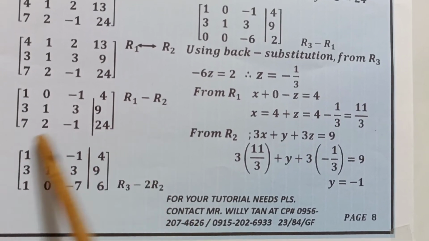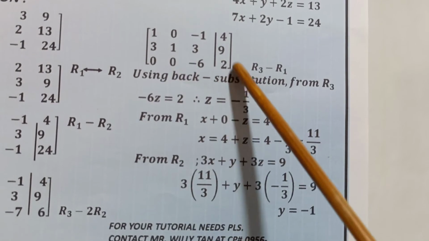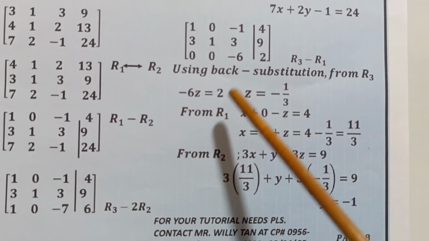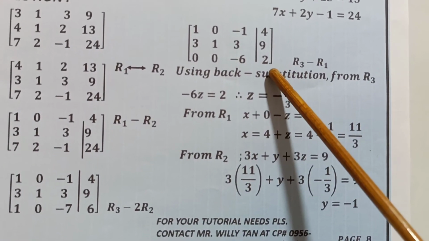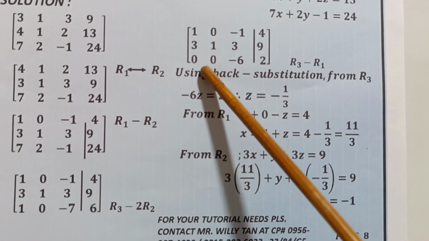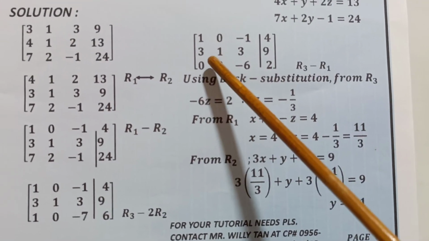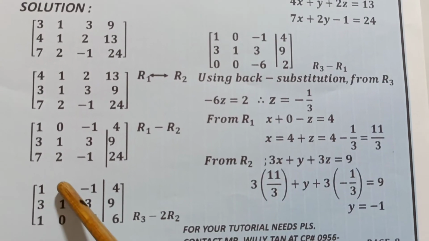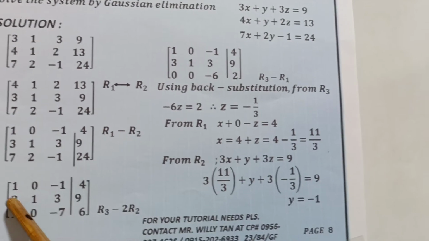Having this solved here, as you can see, we can still make the third row simpler. We can do that by making the other one here a 0, so row 3 minus row 1.